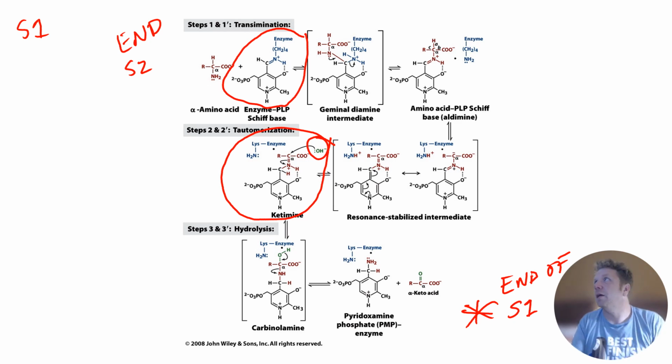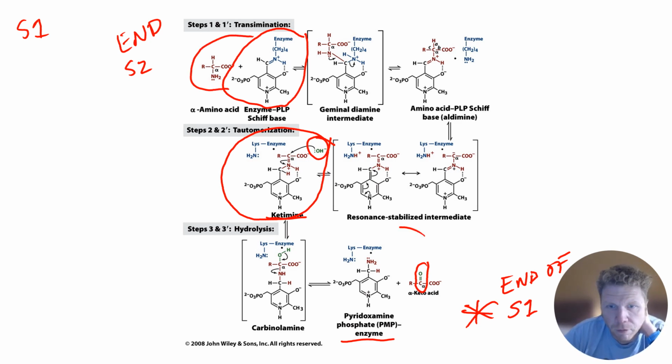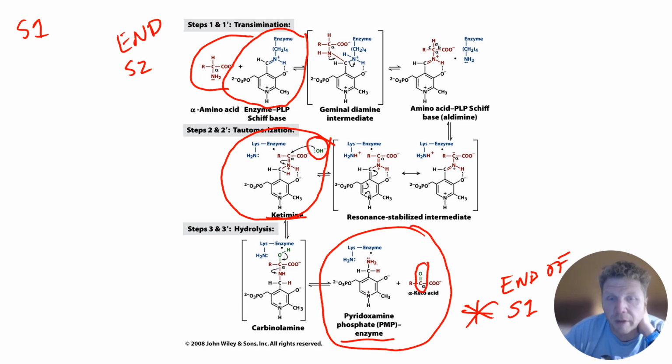It's acting as a base, and that is going to give us ultimately that carbonyl oxygen. So I want you to be able to identify the enzyme PLP Schiff base, ketimine, and the enzyme PMP, and an alpha keto acid and an amino acid. So the things that I'm circling right here, these are the things that I want you to know about, and I want you to be able to identify those structures.